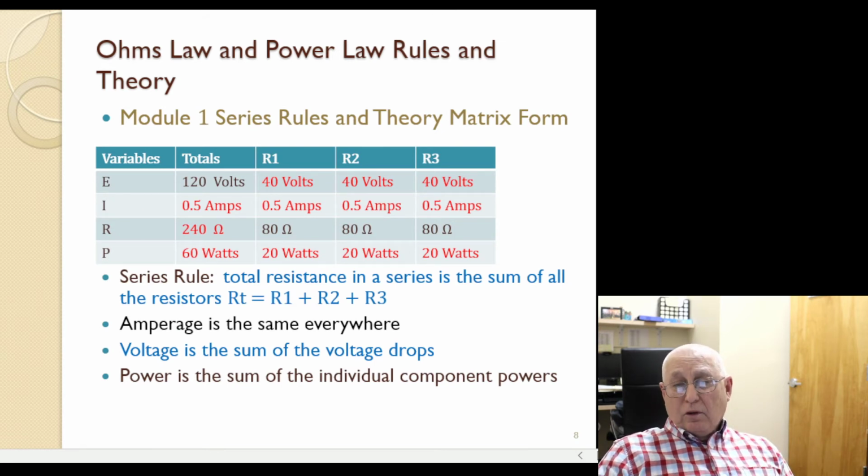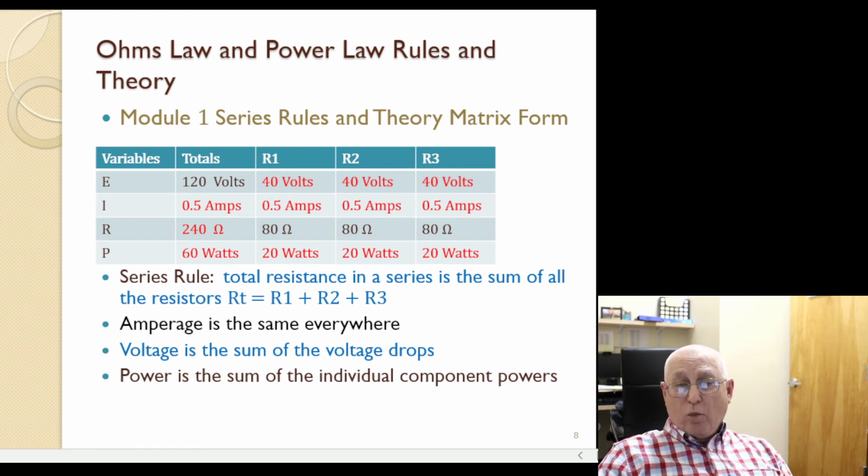Looking at what we just looked at here, we had 120 volts and three 80 ohm resistors. We can add these up because resistance is the sum in a series circuit. 80 plus 80 plus 80 equals 240, and I have 120 volts.